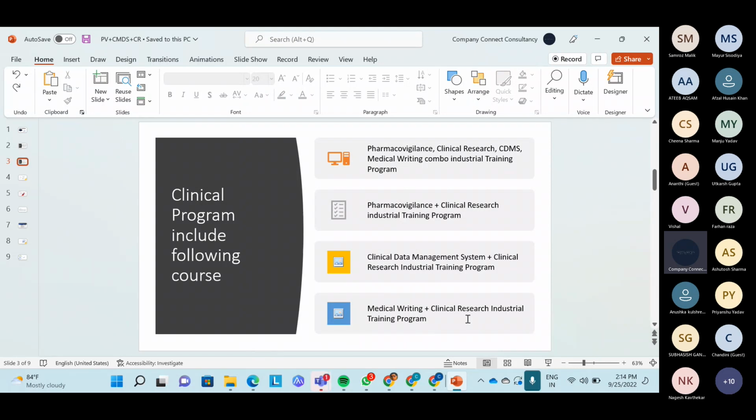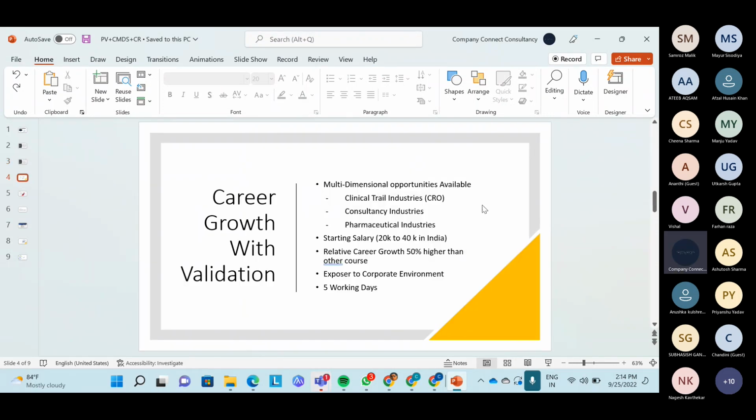Currently you can also enroll for the combo pack, which will benefit you. You can apply for any vacancy in CDMS, clinical research, pharmacovigilance, or medical writing. That will be very helpful for your career.